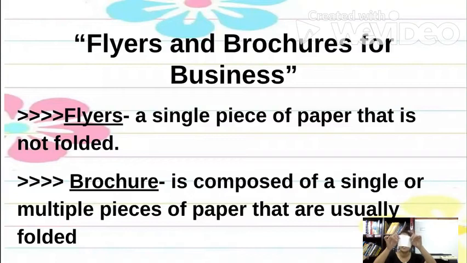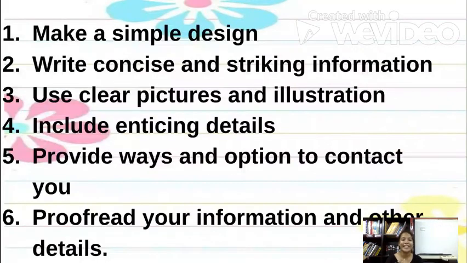For brochure, it could be one paper, but it's folded like that. You can fold it into four, and then when they open it, they can see the information here and also at the back. Okay, that's a brochure.